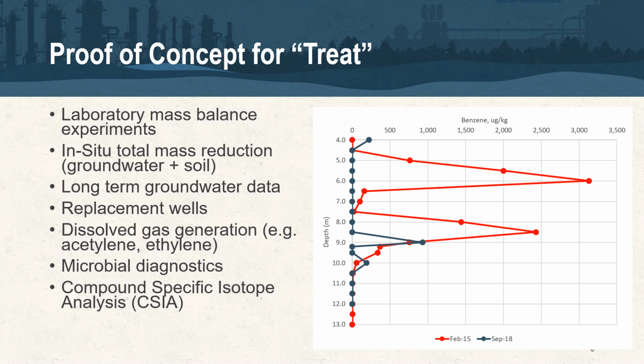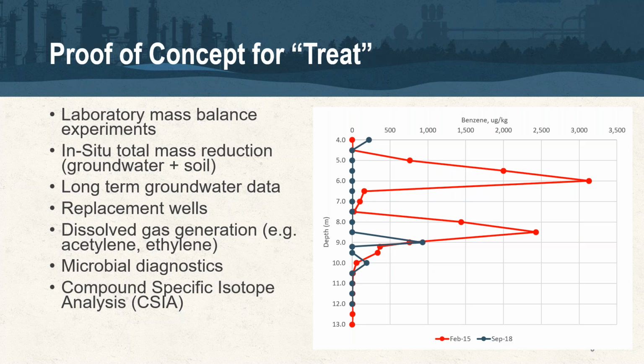Each of these dots represents a soil sample, and the pre in red is what we based our design upon, and the blue was some of the confirmation sampling that was done on the back end as part of the closure process. This was a project in Europe, but we've got sites in the United States as well, where we look at, again, pre and post total mass in, total mass out.